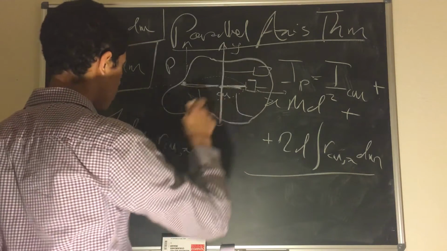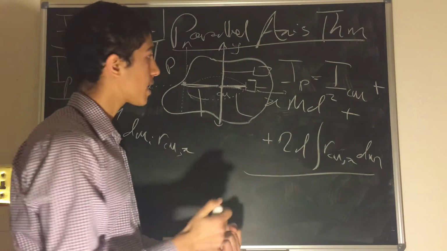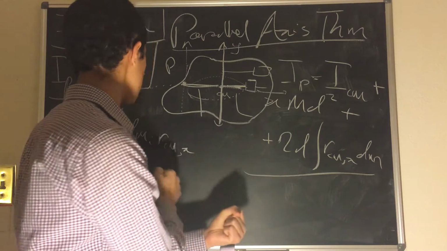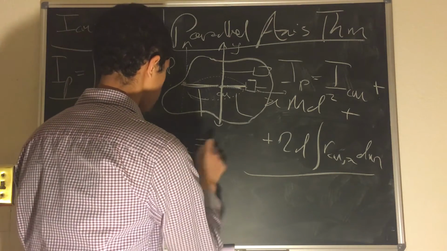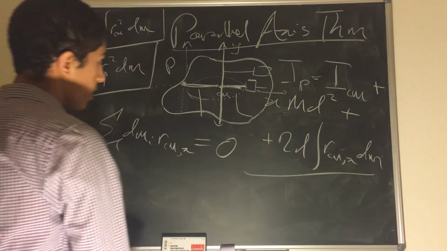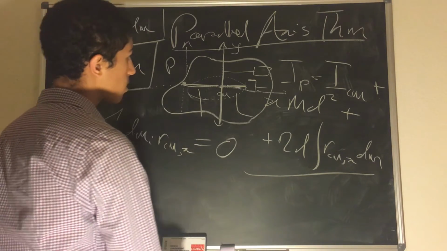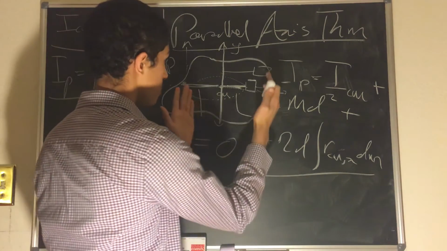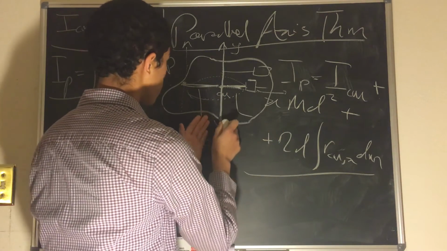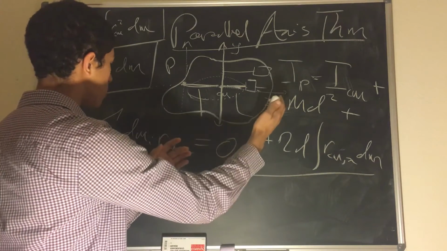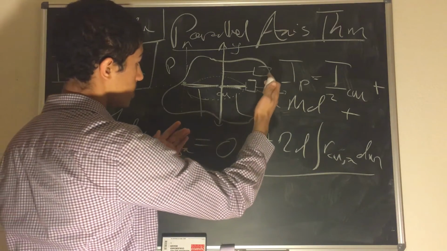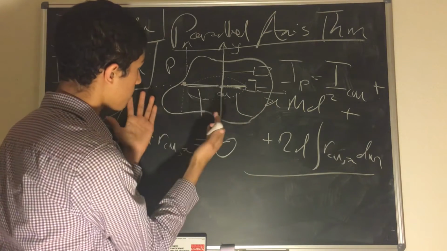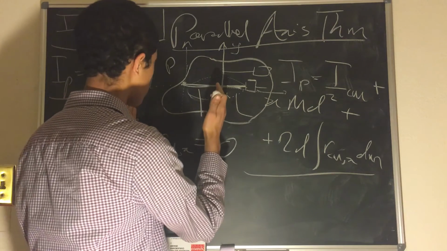So each infinitesimal mass element multiplied by its respective distance from the y-axis will sum to 0. Let's ask ourselves why this is. Over here all the radii will be positive, so we'll have basically the integral of r_CM dm, and over here all the r values will be negative, so we'll have minus the integral of r_CM dm.